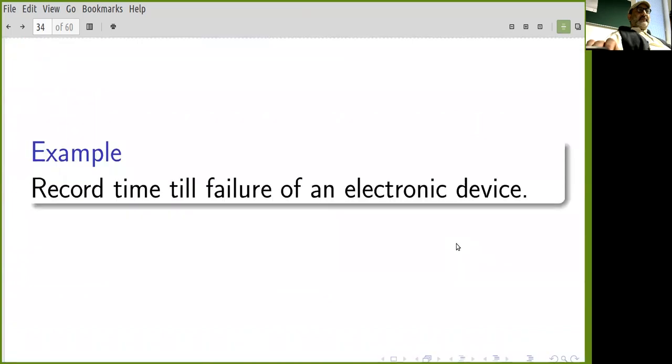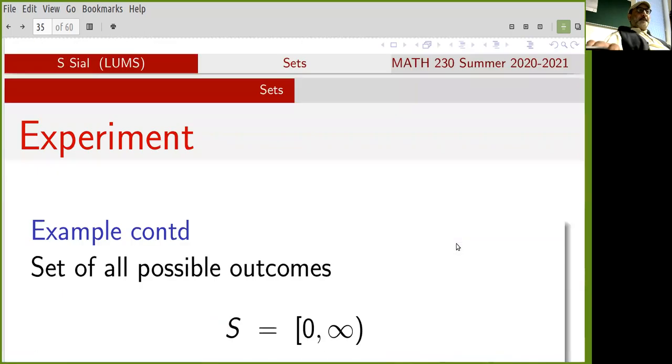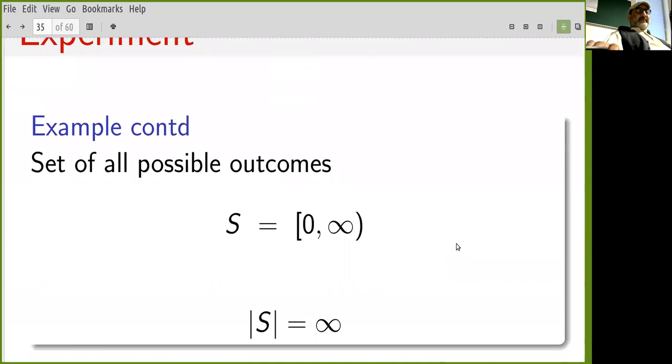Here's another one. It's a little bit different. Supposing we have an electronic device, let's turn it on. We have a stopwatch, so when we turn it on, we start our stopwatch, and we see how much time it takes until that device fails. So what is the set of all possible outcomes? Well, it could fail as soon as we started, so it could fail at 0.